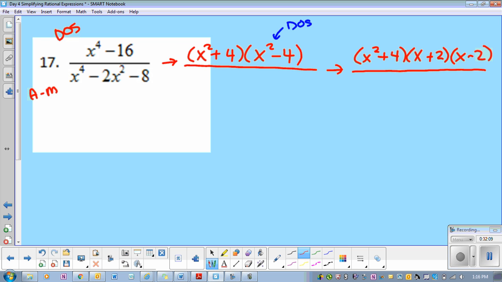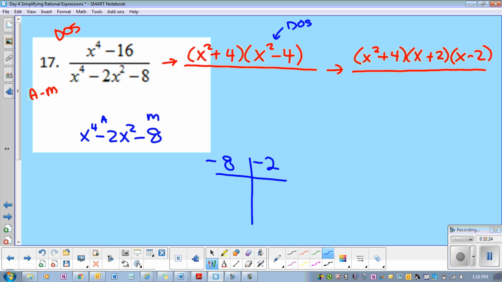And then down at the bottom, x to the 4th minus 2x squared minus 8, this is AM. Two numbers that multiply to give me negative 8 and add to give me negative 2: negative 4 and 2. Bring down the first, bring down the last, rewrite the middle, and then divide in half and group.